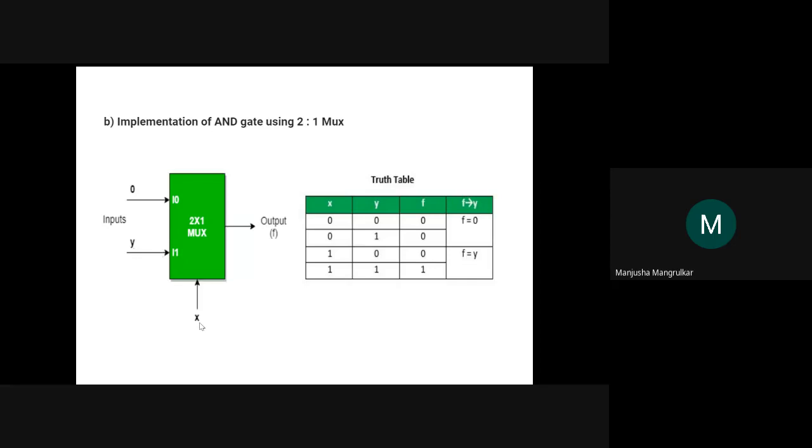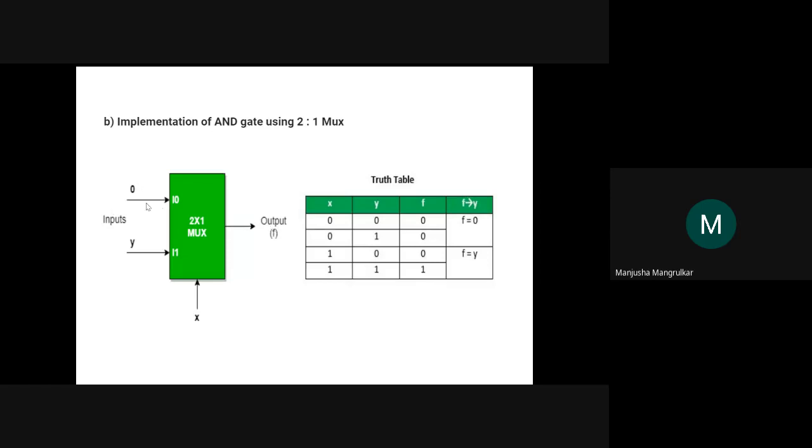So when x is equal to 0, whatever the data of these 0 signals, it will transfer to the output f. So when x is equal to 0, my output will be a 0. And when x is equal to 1, whatever the data of y, if y is 0 or y is 1, that will transfer to the output.